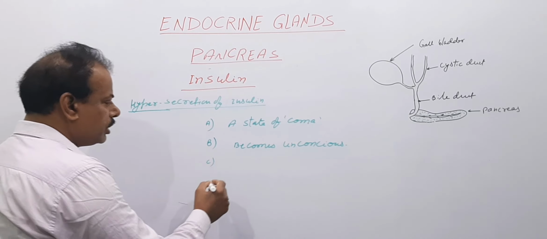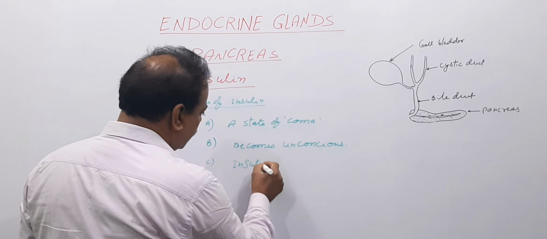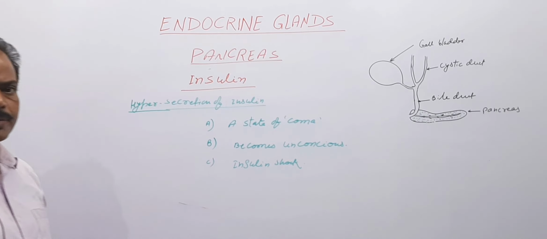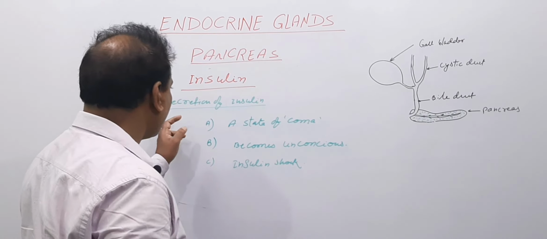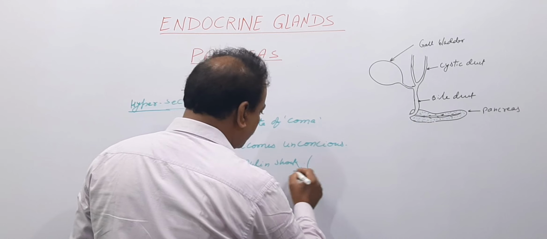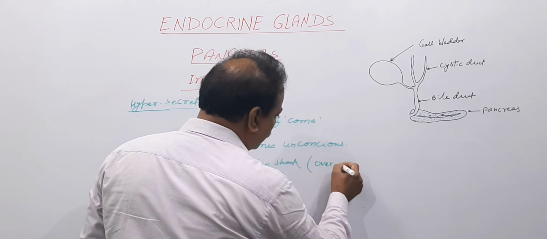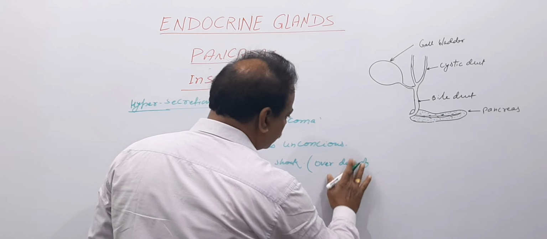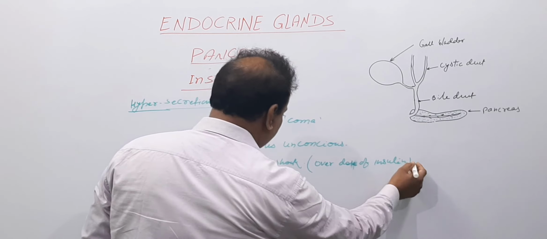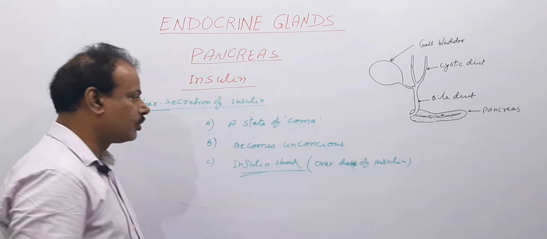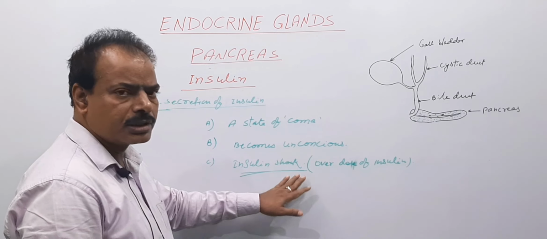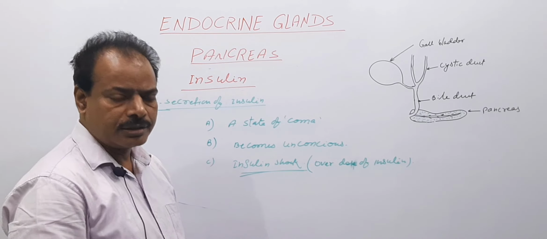Sometimes insulin shock may occur due to hypersecretion of insulin or overdose of insulin. In this condition, the person goes into a state of coma or becomes unconscious. Sometimes the person becomes blind.